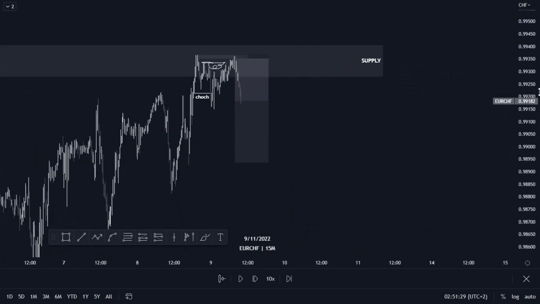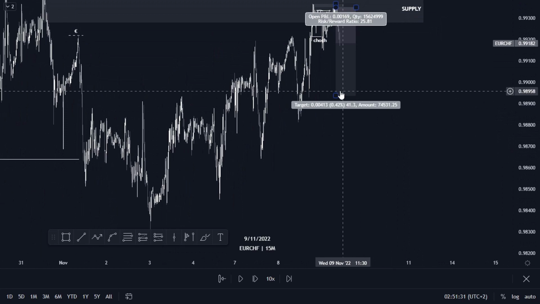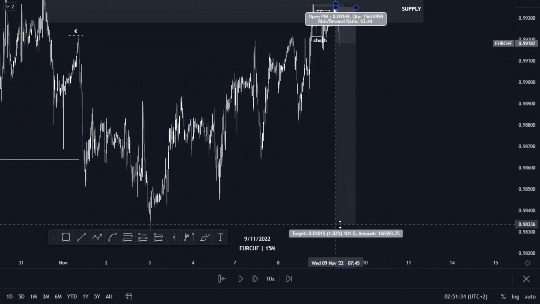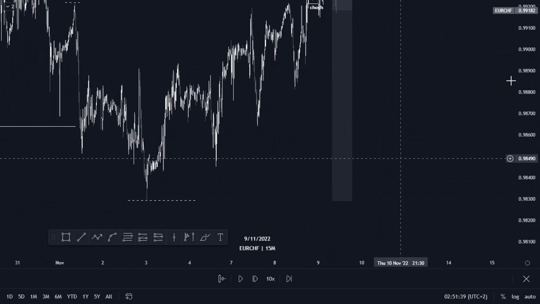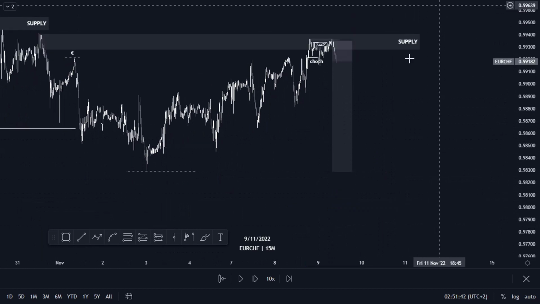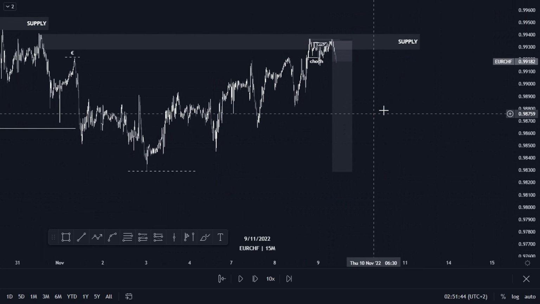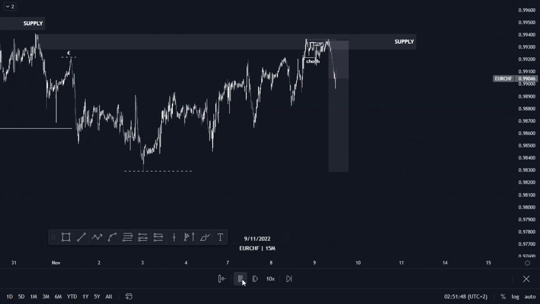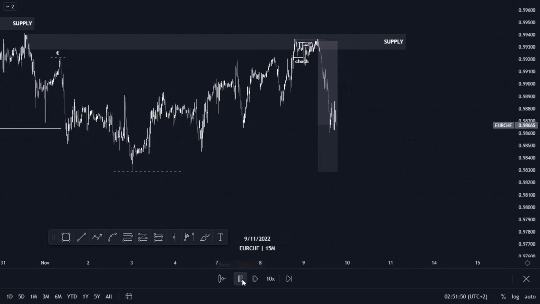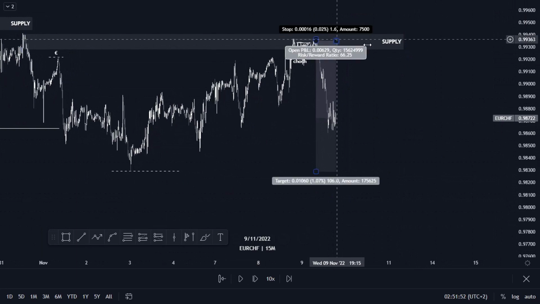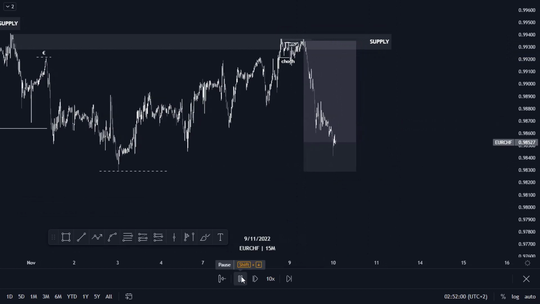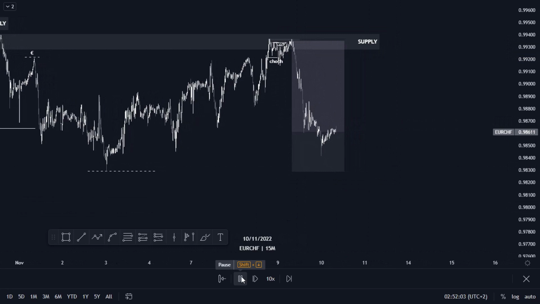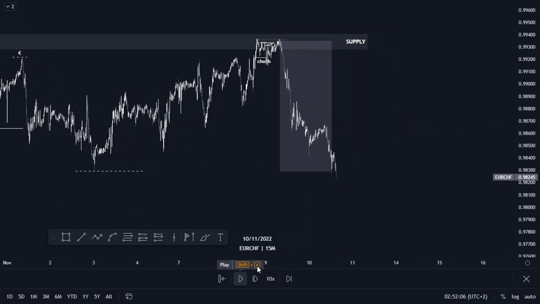So your take profit would be at this low here. So let's let price be and see what it does. Okay, so price beautifully pushes to the downside, and eventually it will hit your take profit.